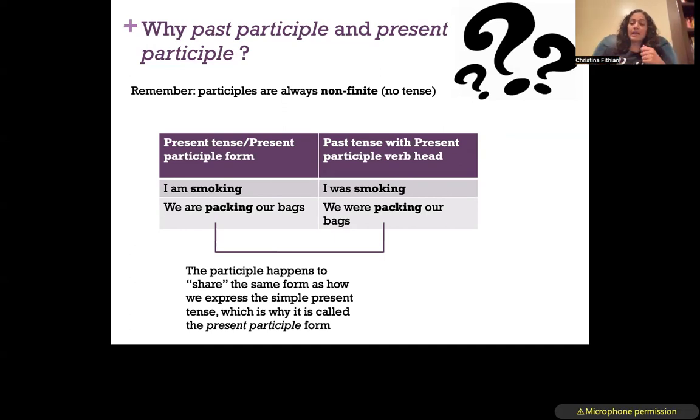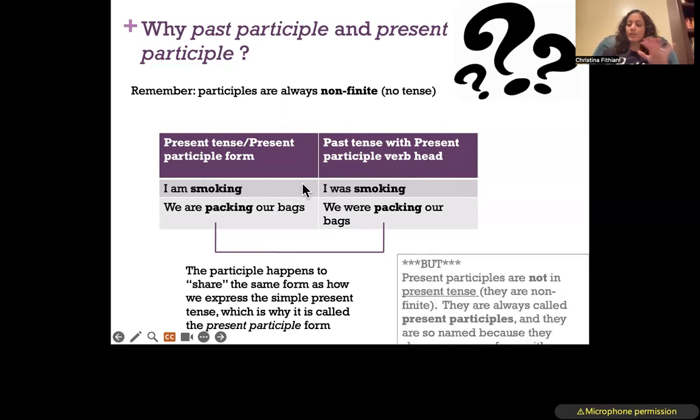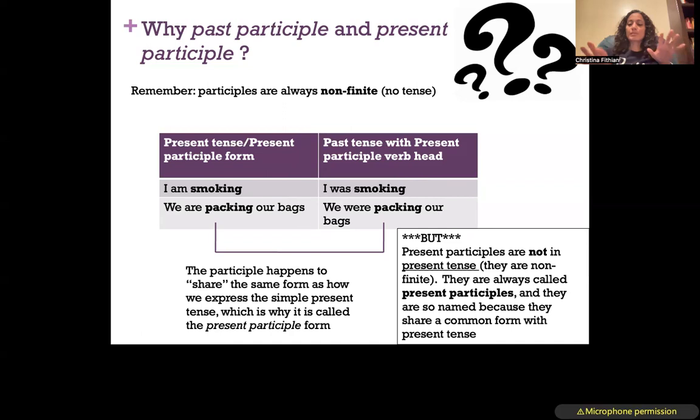This is the only way we can express that notion. Okay, same thing applies here though. Present participles are not present tense. They're always non-finite. So again, I wanted to focus on this because these terms tend to get a little bit confusing for folks, especially as we start adding them to our tree diagrams.